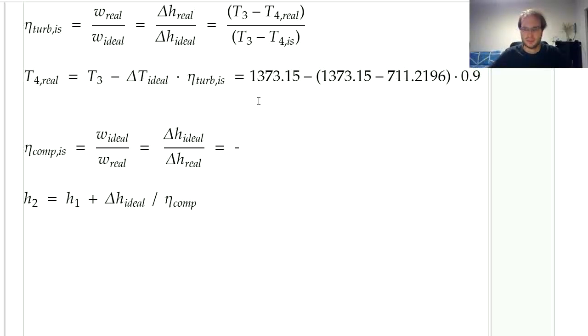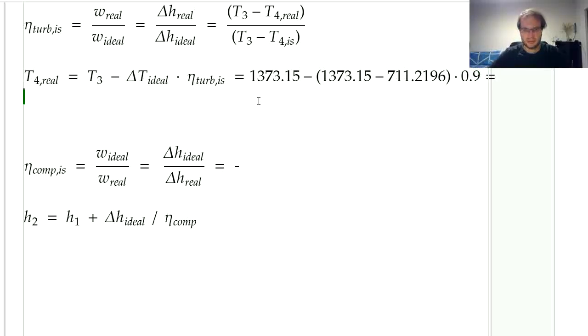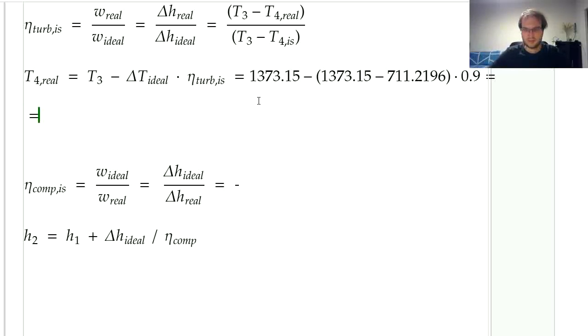So it will go like this. While the former temperature after the expansion was 711 degrees C, now it will be 777.41 Kelvins.